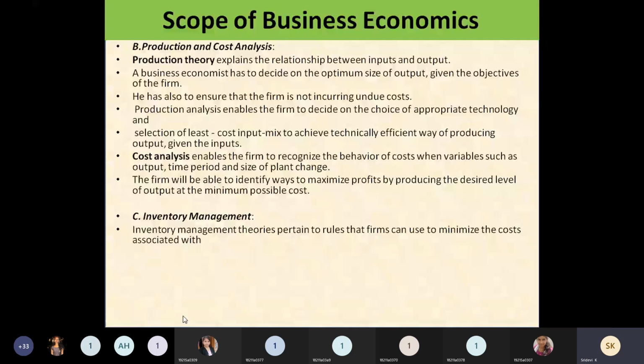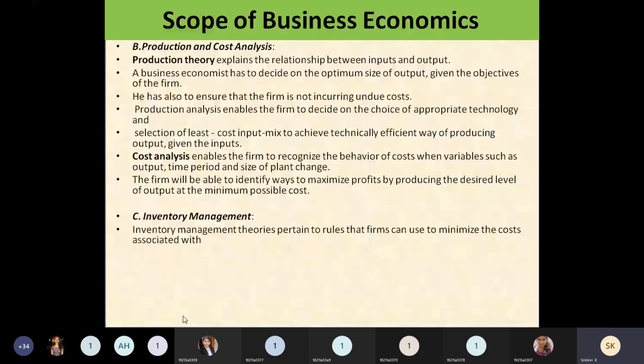So unnecessarily holding more raw material is also a problem to the organization, as it increases the price of the product. We cannot hold more than what is required. To what extent we have to hold, this is the most important thing.